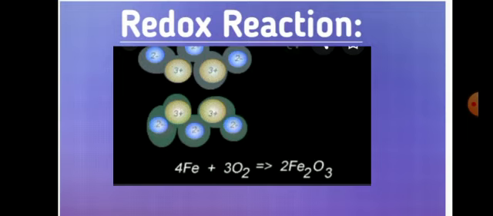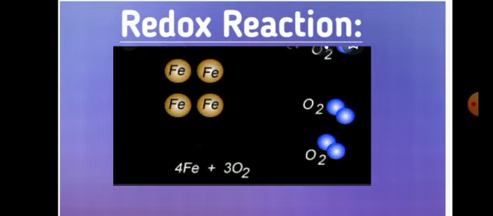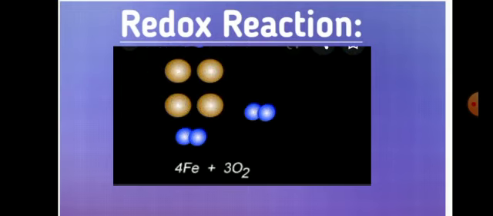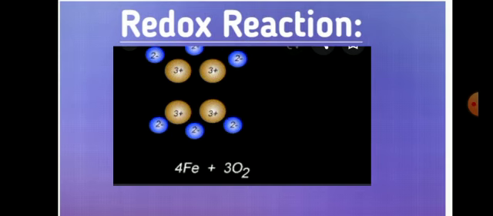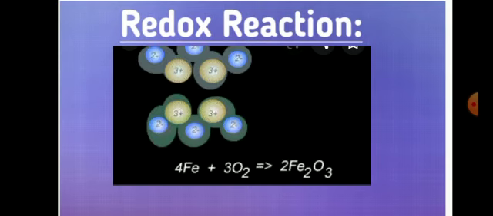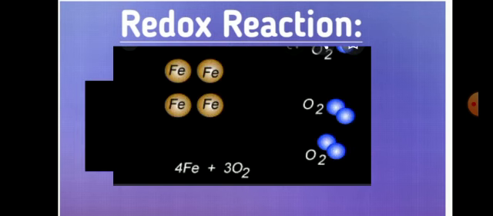So let me play the GIF. You can have a look at this GIF. From this GIF, I guess you can understand what redox reaction basically means. It's nothing but all about your reduction and oxidation. So that is your redox.